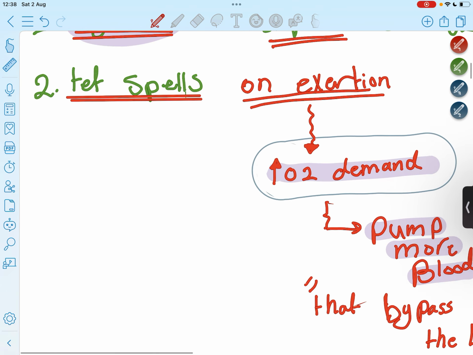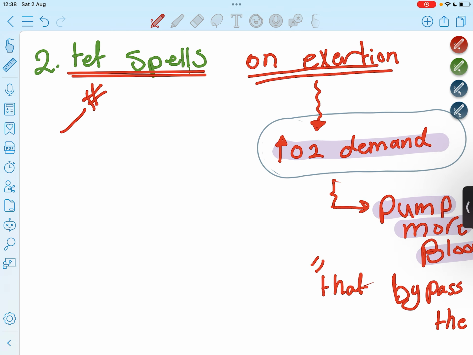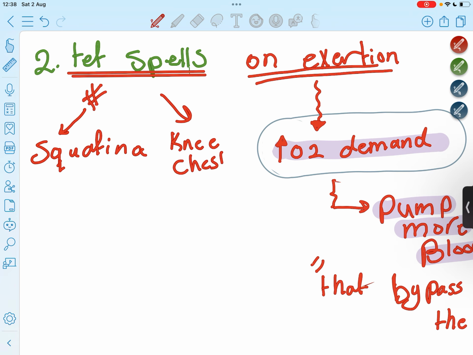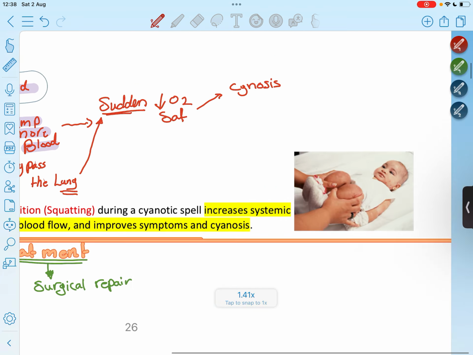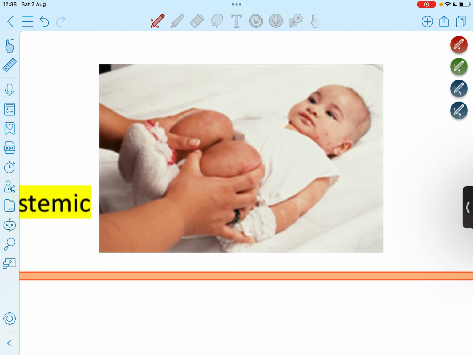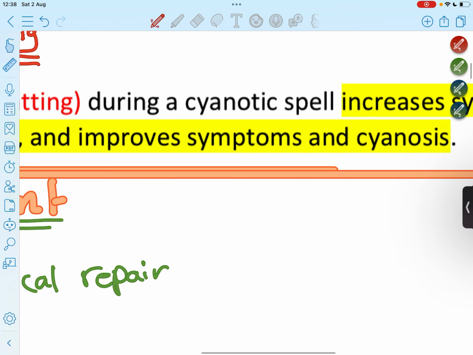When the baby has a tet spell, they may squat, or we put them in what is called the knee chest position. These two positions will improve the cyanosis. This is the knee chest position.